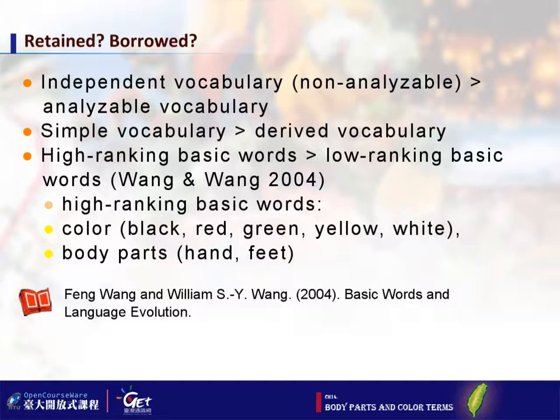And from this historical linguistics, or from all this research that we show, the Formosan languages are following the same pattern. You see in the language typology, they all show that they have 5 basic color terms, and body parts too.